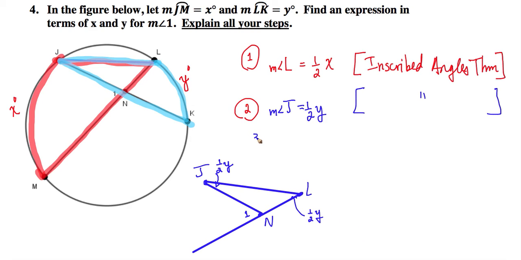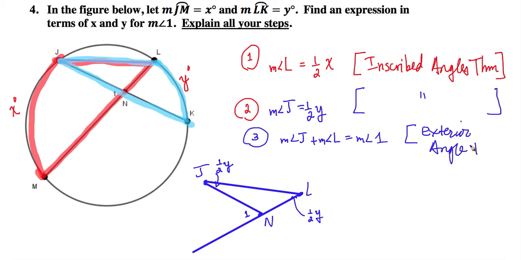So in my final couple of steps here, we can say that the measure of angle J plus the measure of angle L is equal to the measure of angle 1. And this comes from the exterior angle theorem.